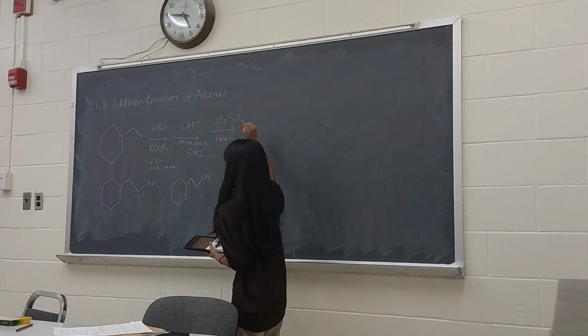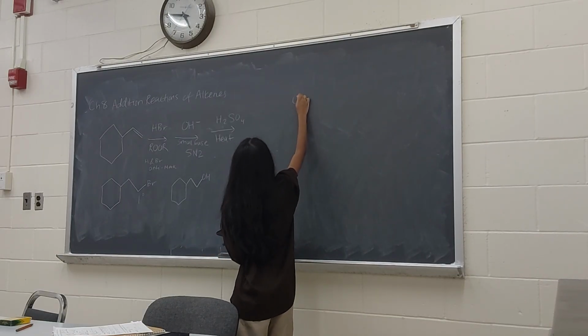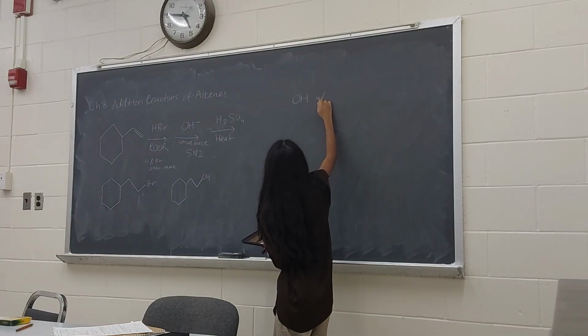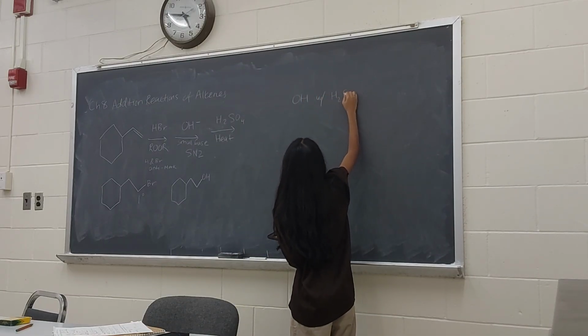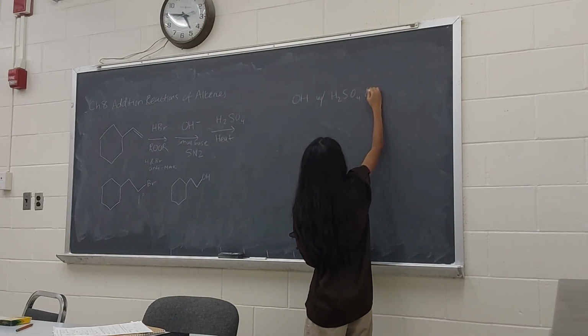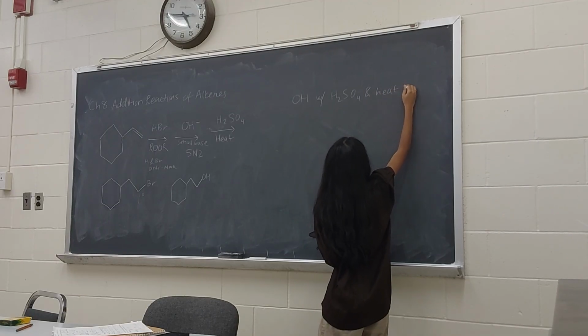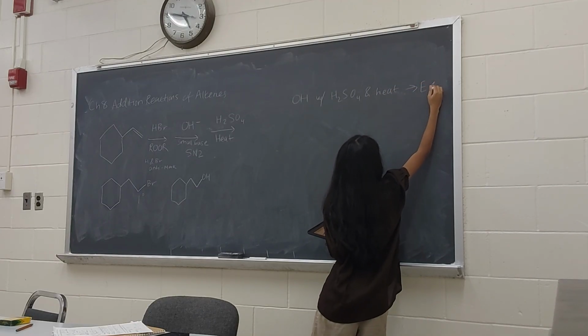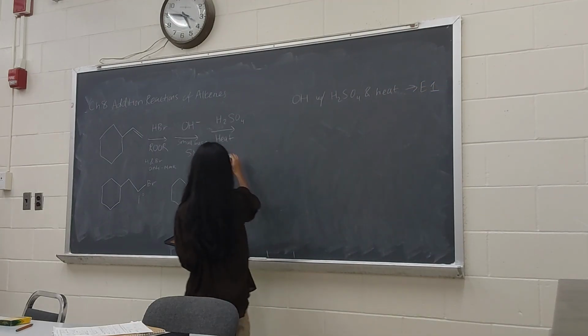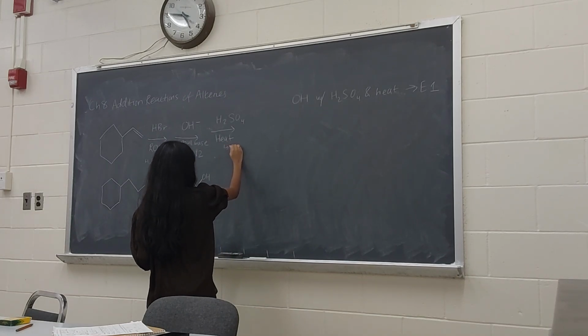So whenever you see an alcohol, so OH, with H2SO4 and heat, that'll be E1. How do you know? It's always going to be this case.